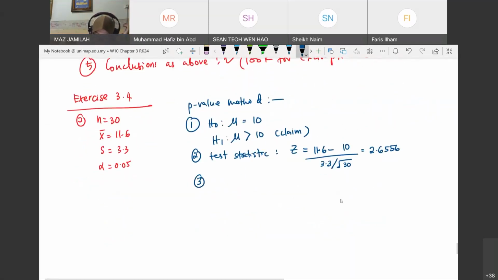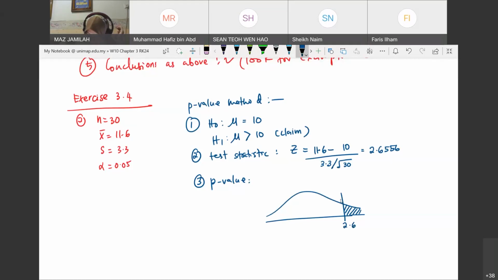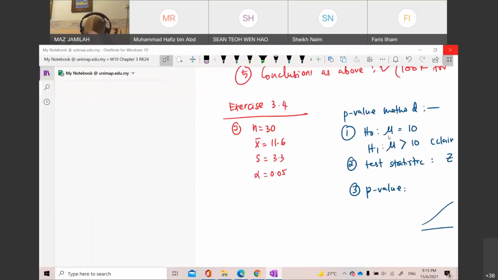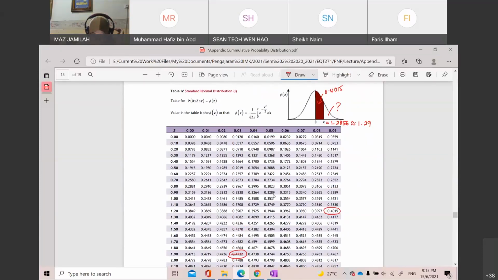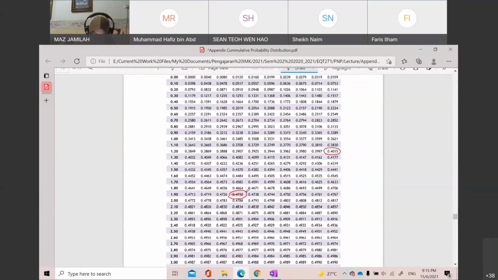And the third one would be finding the p-value. The p-value uses the exact test statistic that you obtained in the second step. So you have 2.6556. Let's say you're using 2 decimal points, 2.66. Using the Z table, we need to find 2.66.